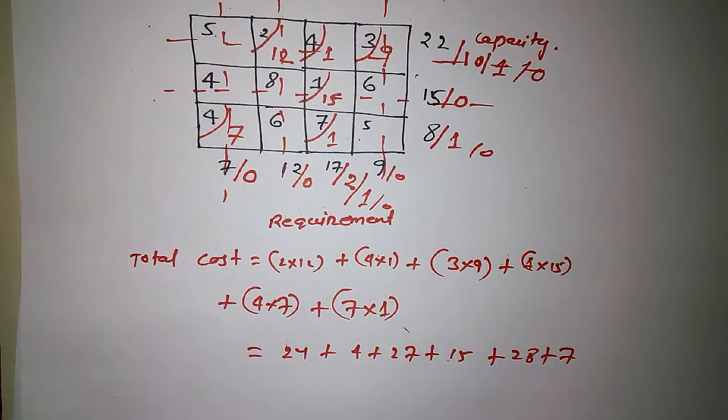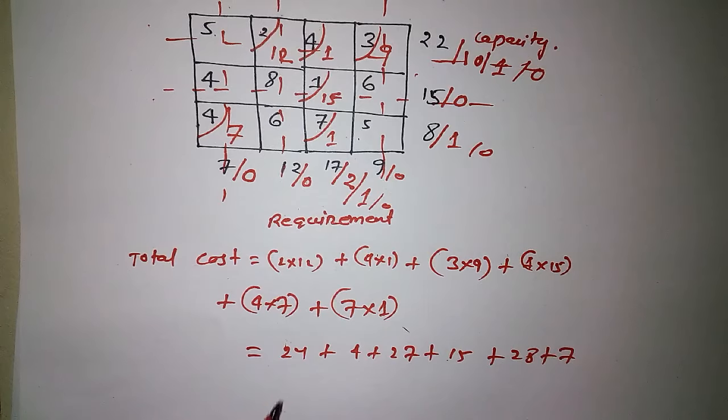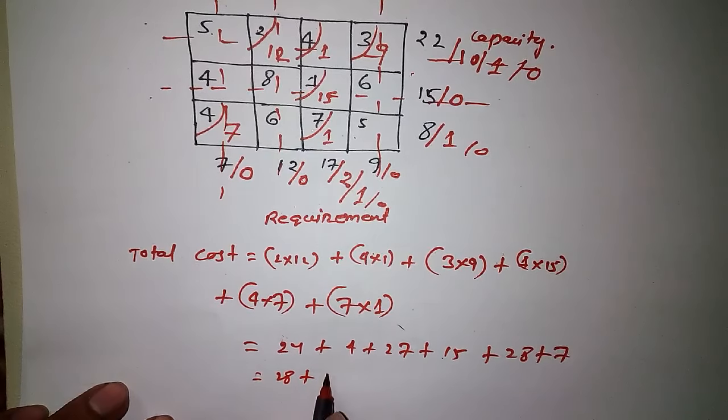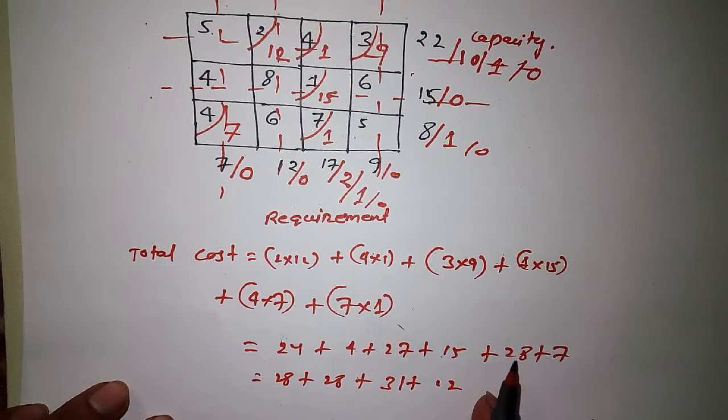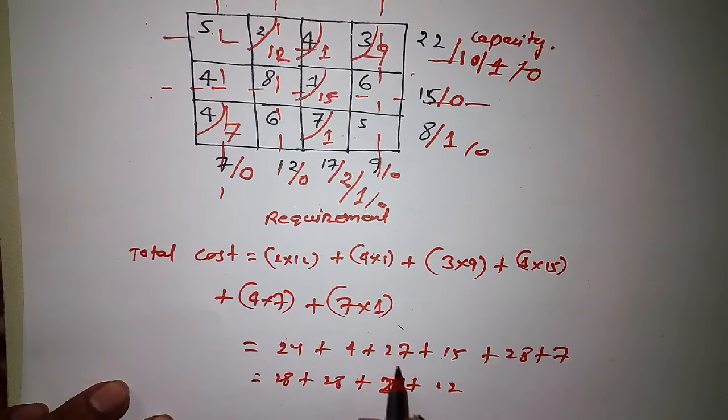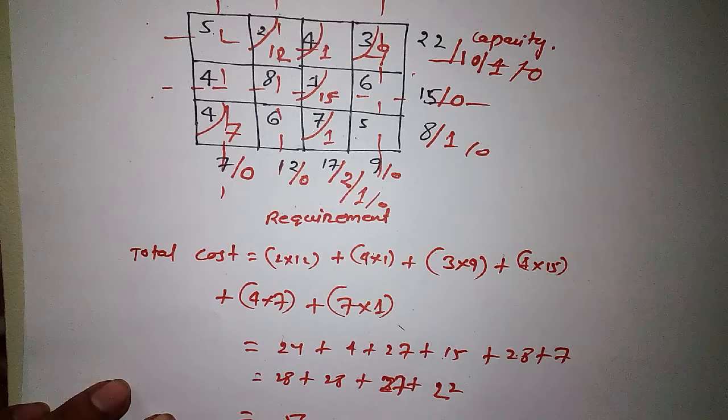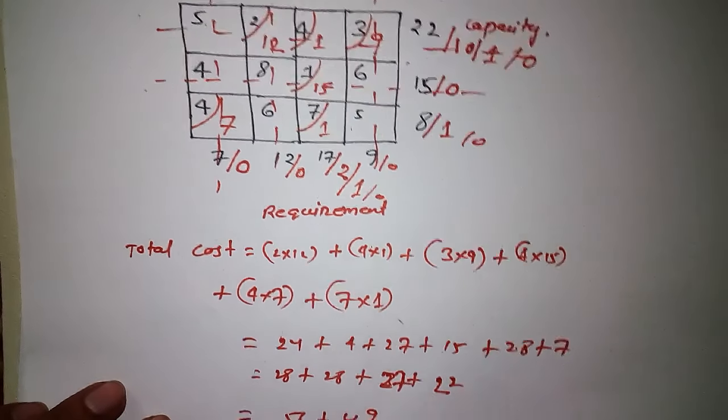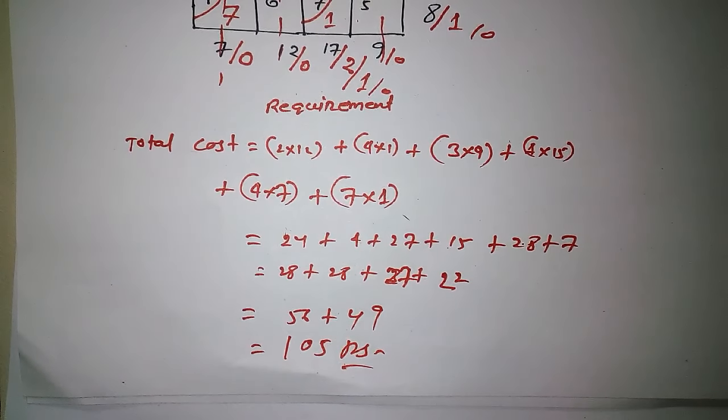After calculation, adding them up, the answer would be 105 rupees if one unit is equal to 1 rupee.